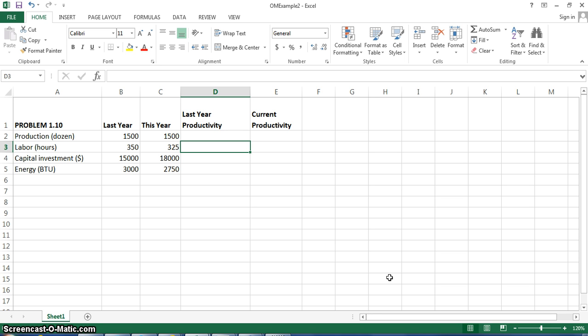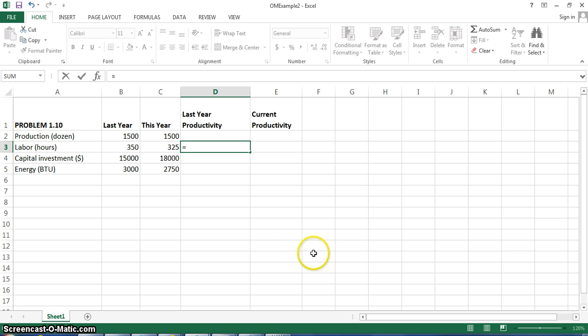There are several calculations we can use to try to gauge the effectiveness of the capital investment. First of all, we can calculate the single factor productivity for each year for these three inputs.